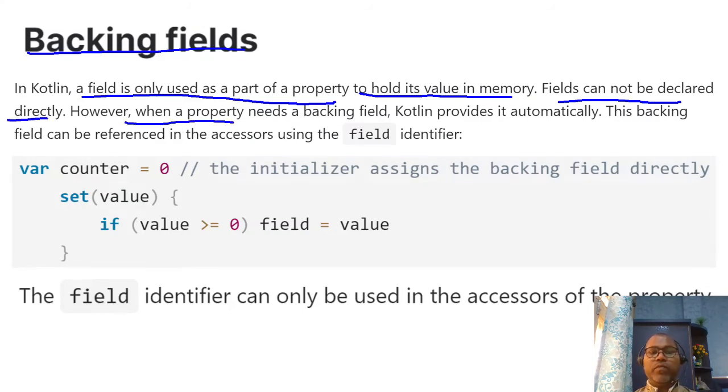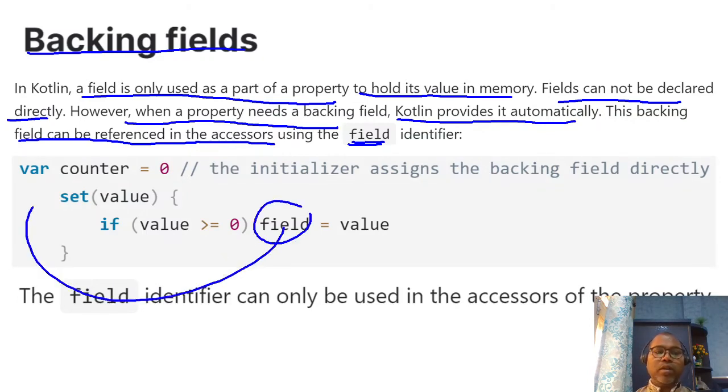However, when a property needs a backing field, Kotlin provides it automatically. The backing field can be referenced in the accessor method with the field identifier. So here this field refers to this property. The property has an actual field, referred to by the field identifier.